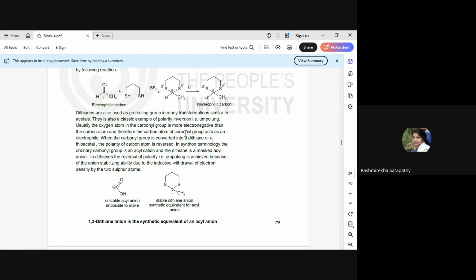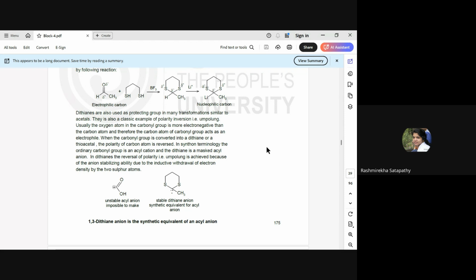Normally the oxygen atom in the carbonyl group is more electronegative than the carbon atom. Therefore, the carbon atom of the carbonyl group acts as the electrophile. When the carbonyl group is converted into the dithiane or a dithioacetal, the polarity of the carbon atom is reversed.